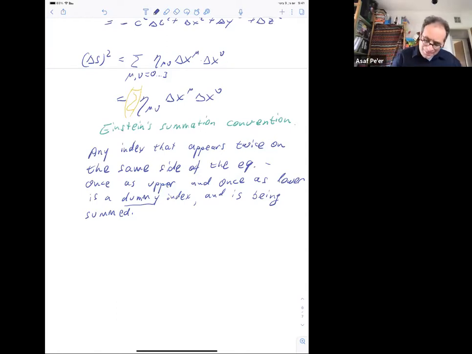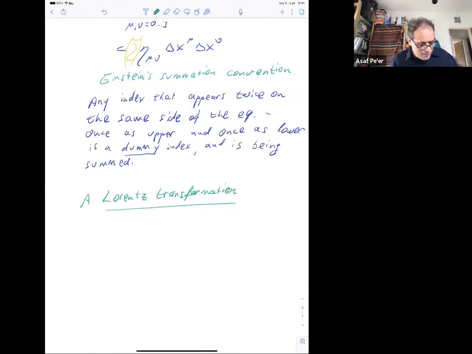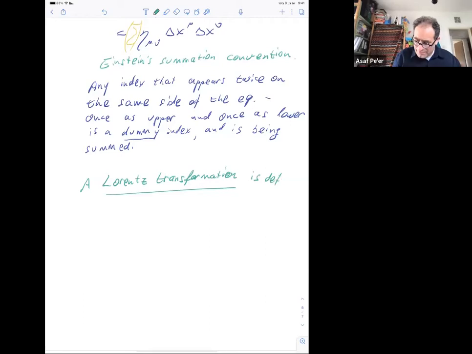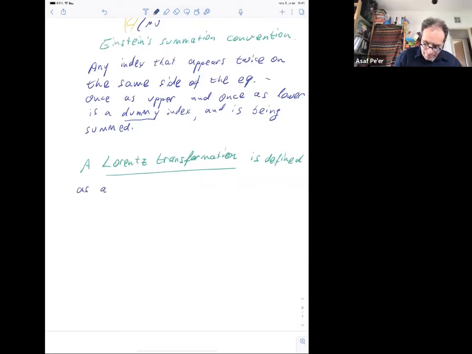The Lorentz transformation is defined as a transformation from one coordinate system to another that conserves the interval.